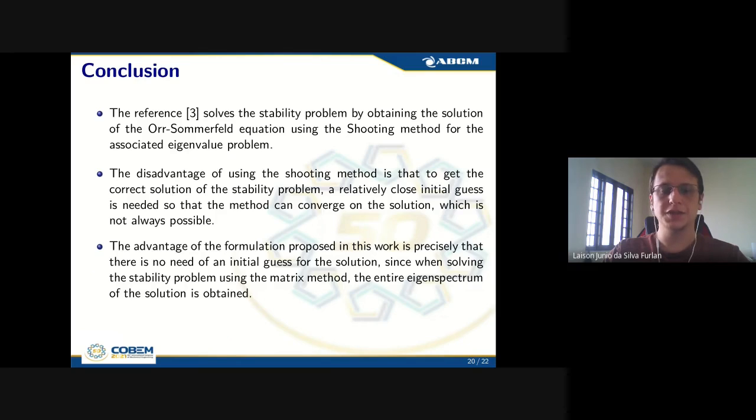In the formulation presented in this work, it's not necessary because we solve using the matrix method, and the entire eigenspectrum of solutions is obtained. And the challenge here is to find the smallest one, which carries the instability information.